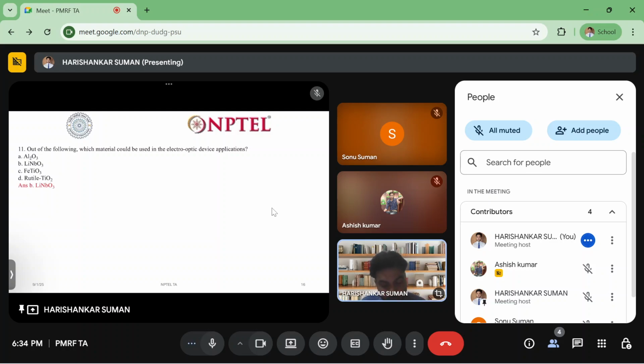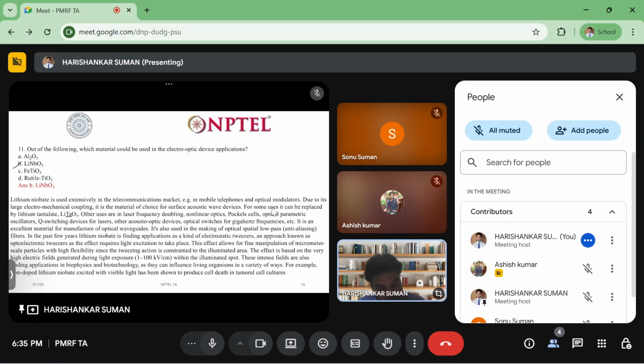Option B is correct, lithium niobate oxide. So lithium niobate is used potentially in the telecommunication market.